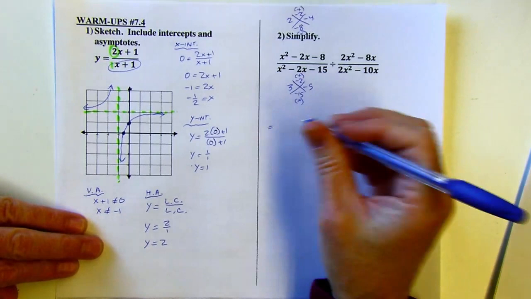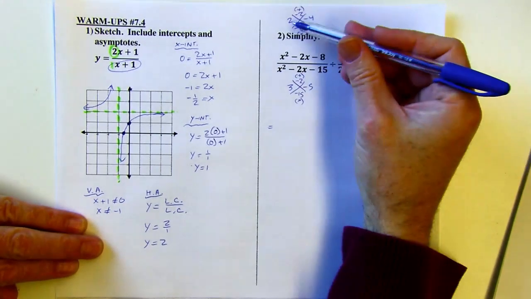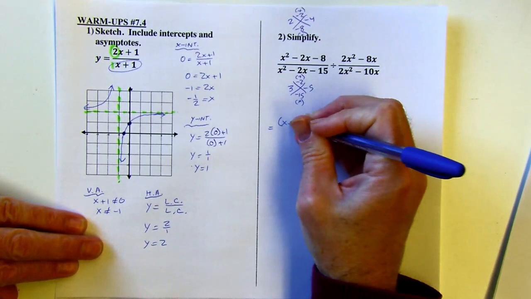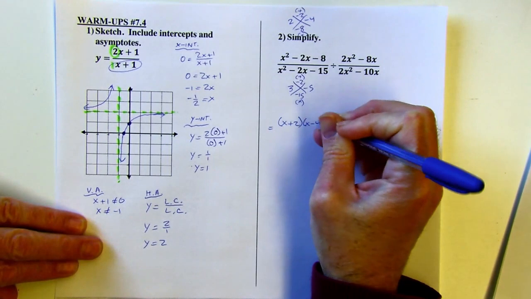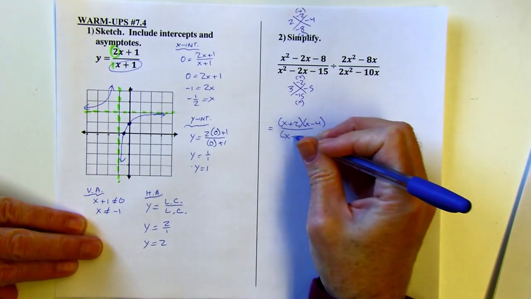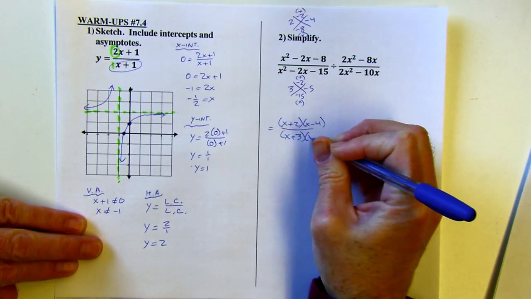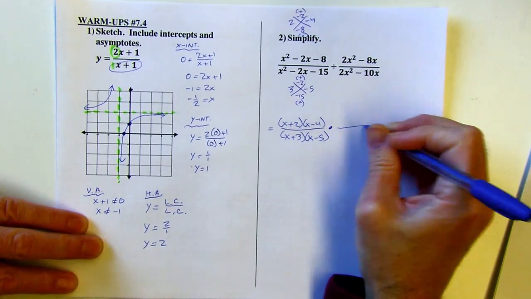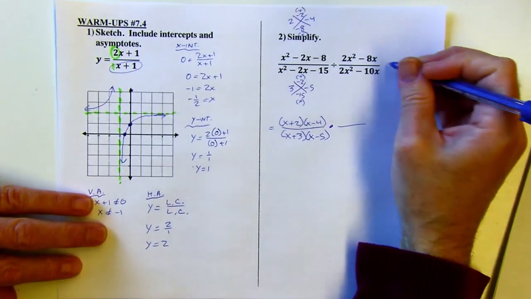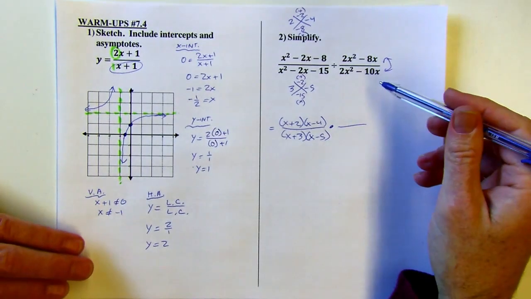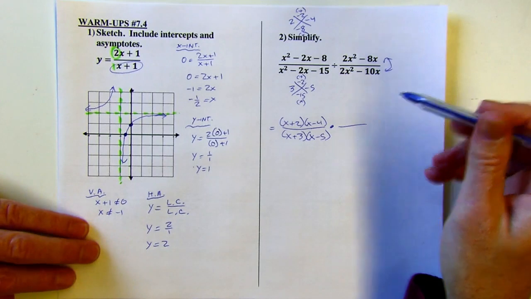So this first fraction then, on top, I'm going to get x plus 2 times x minus 4. On bottom, I would have x plus 3 times x minus 5. Okay? Then I'm going to factor this, but I'm also going to flip this at the same time so I don't have to rewrite it too many times. So both in the numerator and denominator, I'm going to have common terms, right?